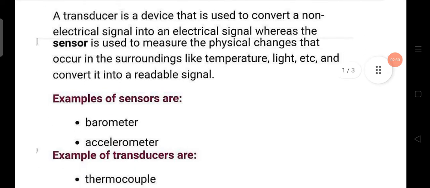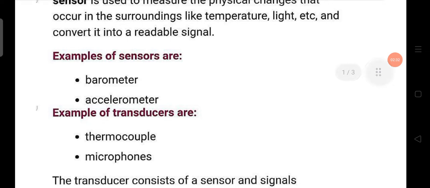Now examples of sensors are the barometer, which is used for measuring the pressure, that is atmospheric pressure, the pressure around our atmosphere, and the accelerometer, which measures the acceleration or the speed of anything.